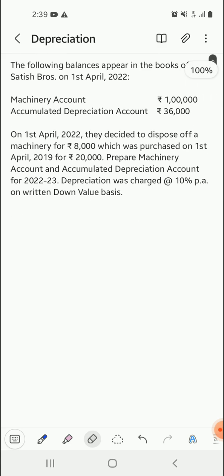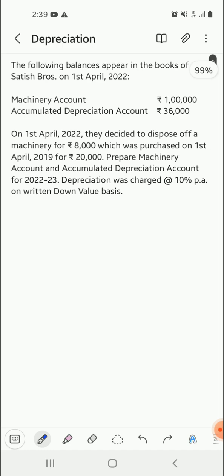See, it's given that the following balances appear in the books of Satish Brothers on 1st April 2022. Here we have an accumulated depreciation account and a machinery account. Whenever we come across things like this, it denotes that we have to make two kinds of account. One is only the machinery account and another is the provision for depreciation account.